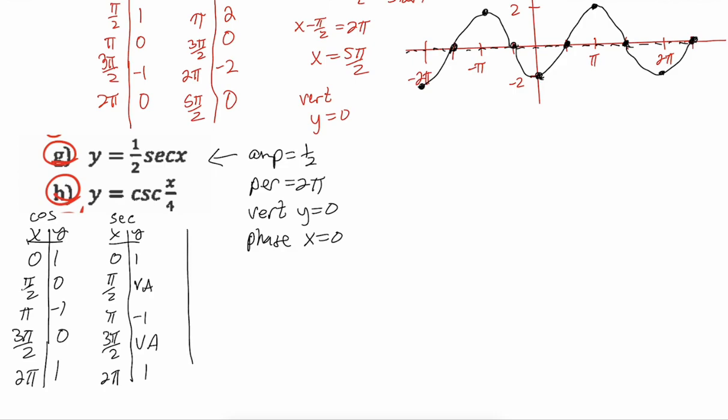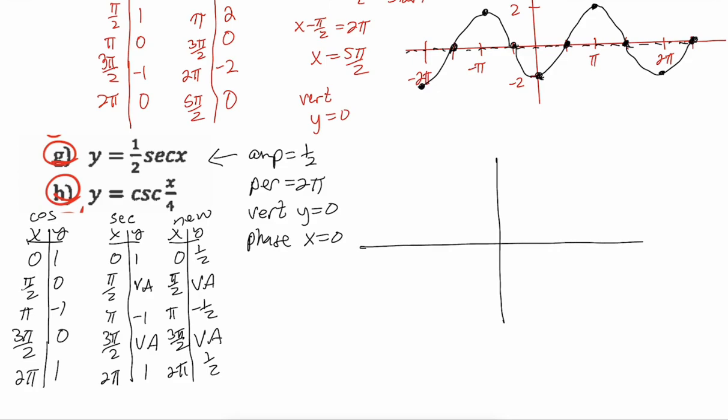So our new graph goes 0, 1/2. Pi over 2 is a vertical asymptote. Pi is -1/2. 3 pi over 2 is a vertical asymptote. 2 pi is 1/2. But nothing else really has changed.